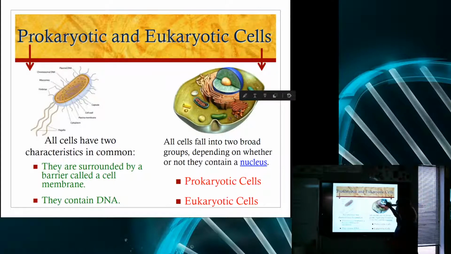Just like the nucleus has a membrane around it called the nuclear membrane. So on your slide for prokaryotes and eukaryotes, it's going to give me what they have in common and what's different.